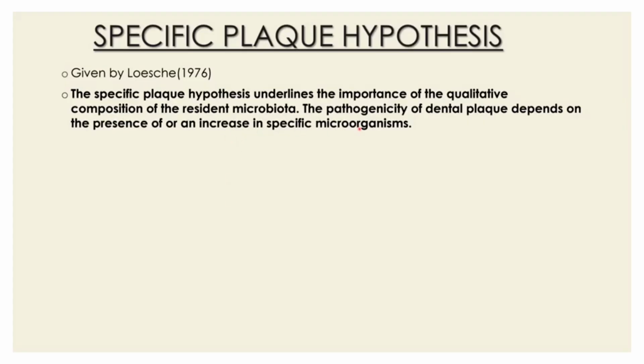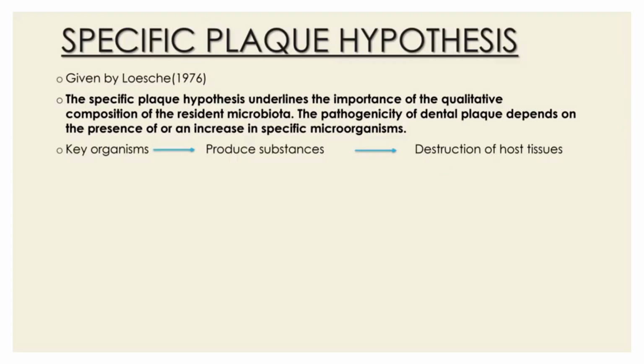The pathogenicity of dental plaque depends on the presence of, or an increase in, specific microorganisms. What does this mean? Specific bacteria in plaque result in periodontal disease because those bacteria produce substances that mediate the host tissue's destruction. The key organisms produce substances which destroy the host tissues.